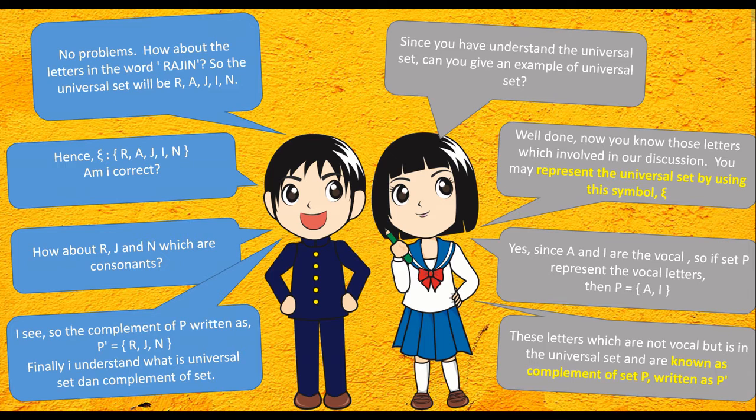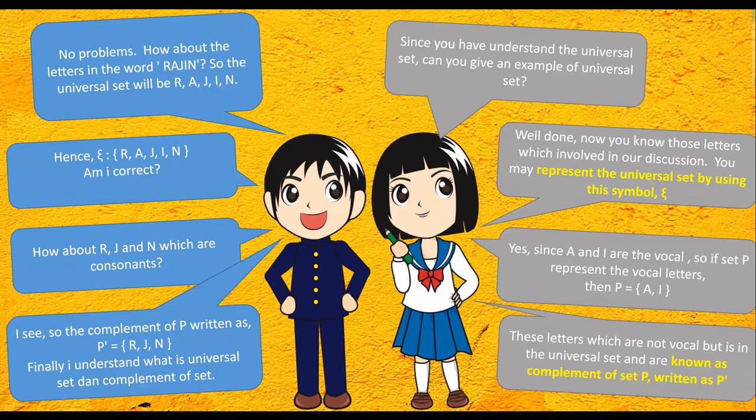So girls, do you understand the meaning of the complement of the set? Okay, if the universal set is all the elements that are under the same discussion, and I give you a set P, the set P will be according to a special condition. Here, the special condition will be the vowels. So besides vowels, I have my consonants.